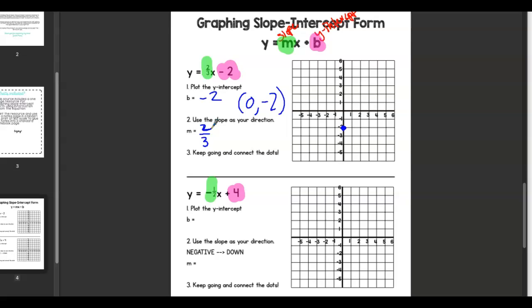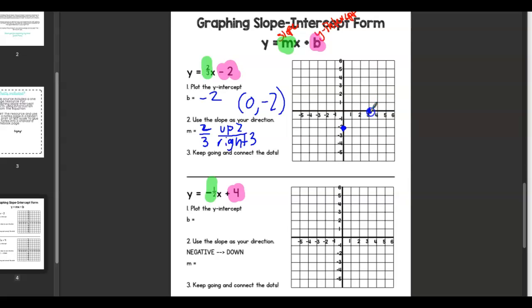So I rise 2, so I'm going to go up 2. And then it's a +3, so do I go right or left? Right. 3. Okay, so if I start at the point 0, -2, I go up 2, 1, 2, and right 3, 1, 2, 3.